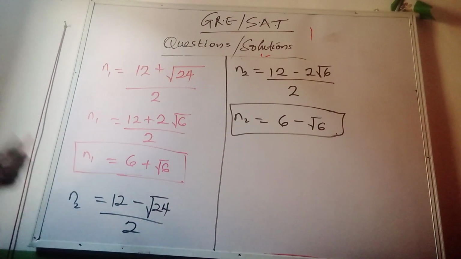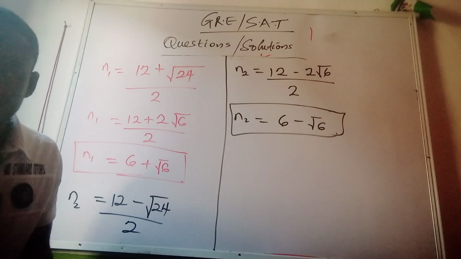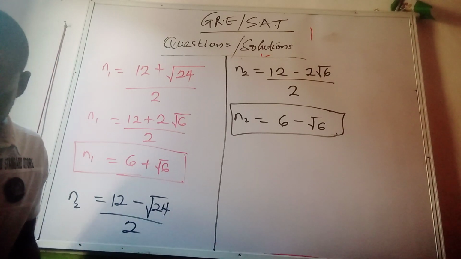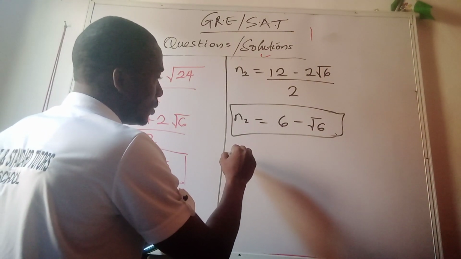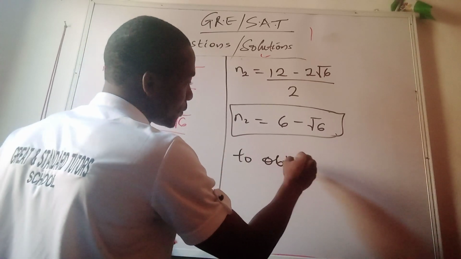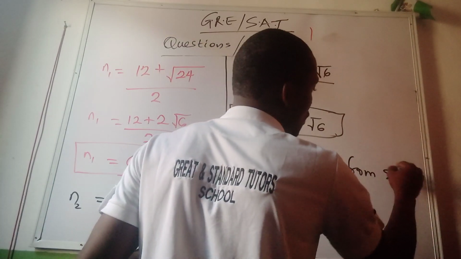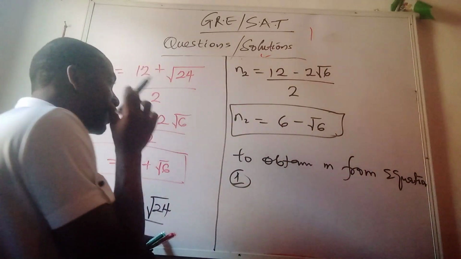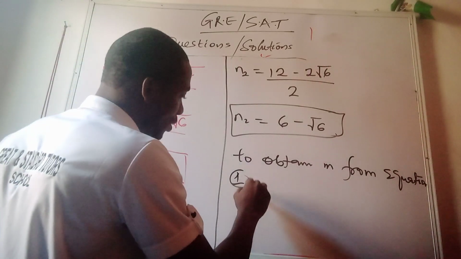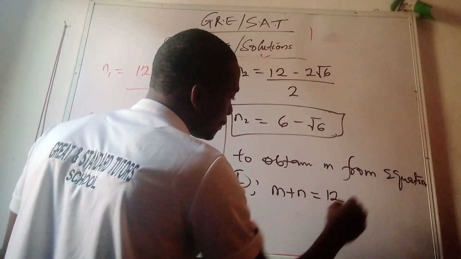Now I have this for n and this for n. What if I want to find m? We shouldn't forget that there's an equation. Let's go quickly to equation 1. Equation 1 says m plus n is equal to 12.